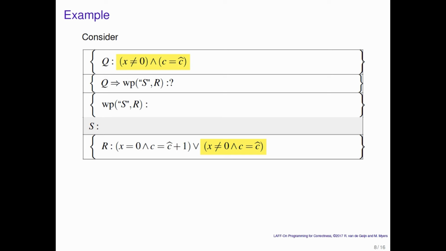Which means that before you get started x is not equal to 0 and the count is at some count. So the c hat here is the original contents of the count before we execute this code segment. And then upon completion it has to be the case that if x is equal to 0 the count has been increased by 1, and if x is not equal to 0 then the count is just left alone. And that's what the post condition says.